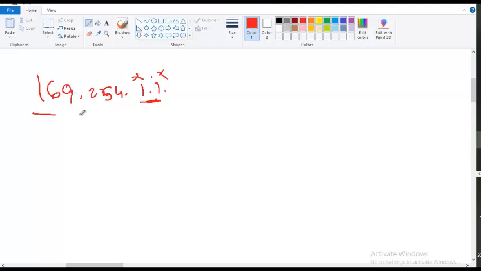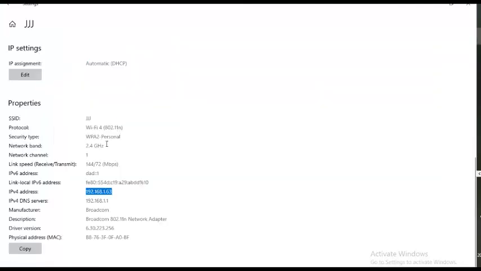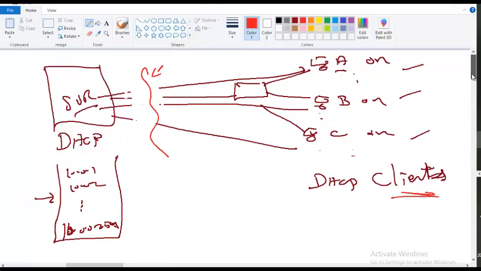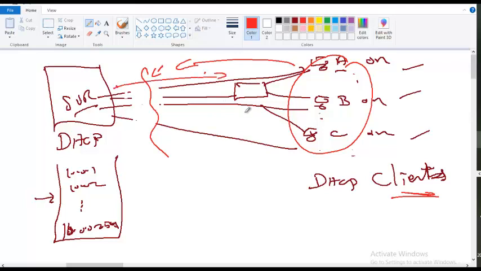If you see this number instead of a valid IP address like this, if you see 169.254, you should understand that these clients cannot reach the server, and the server cannot reach the client.